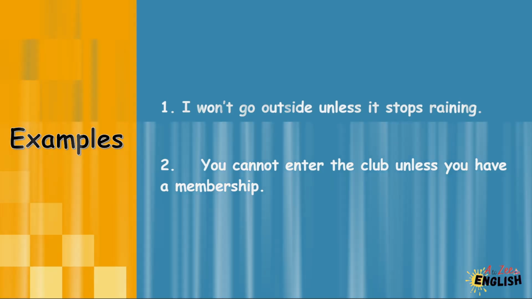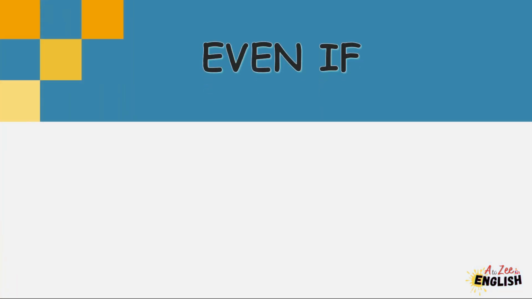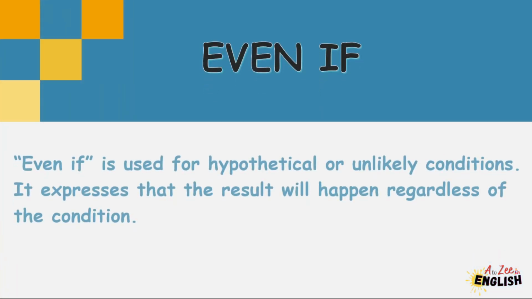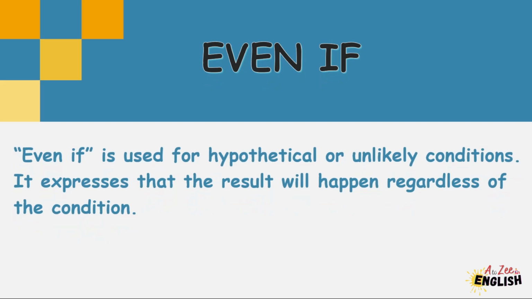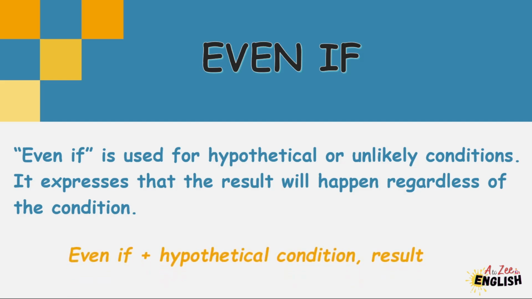Next conditional conjunction is even if. Even if is used for hypothetical or unlikely conditions. It expresses that the result will happen regardless of the condition. The structure is even if plus hypothetical condition followed by a result.